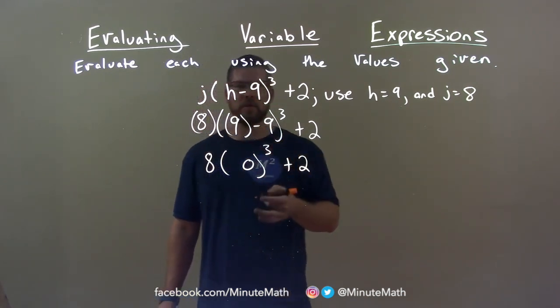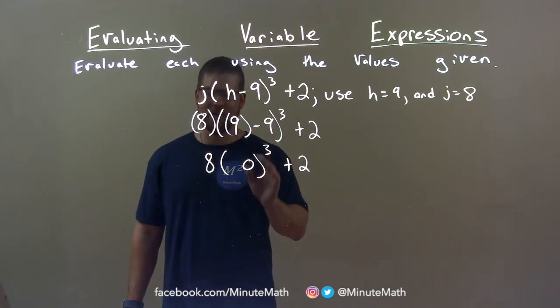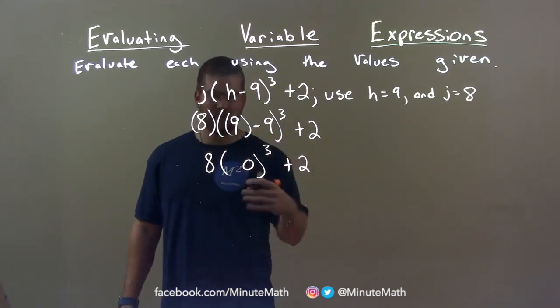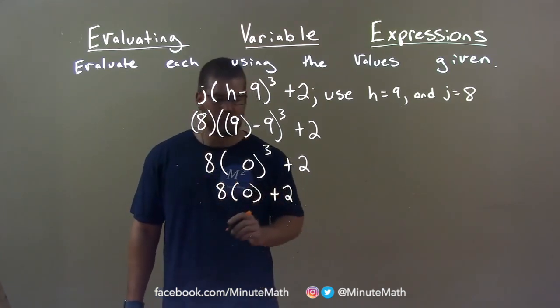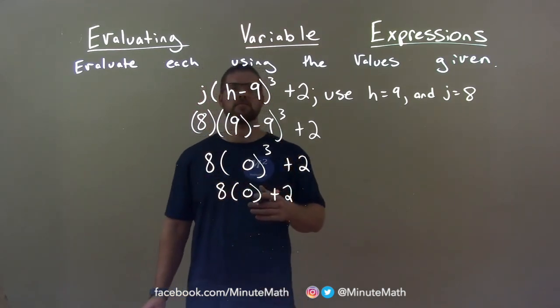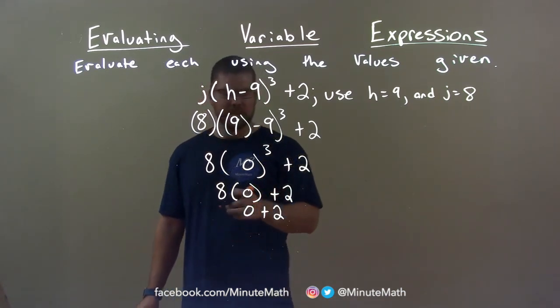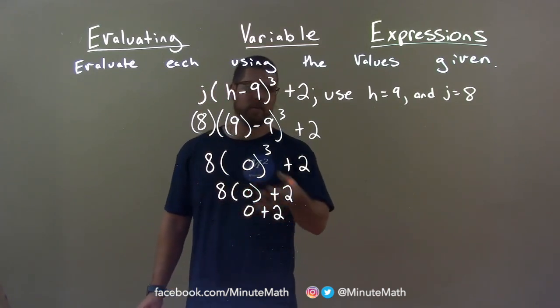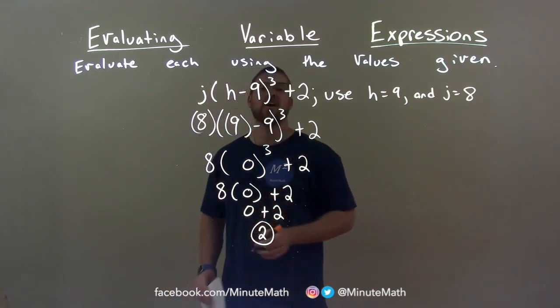Well, 0 to any power is 0. So we have 8 times 0 here plus 2. 8 times 0 is just 0. Any number times 0 is 0. So we have 0 plus 2, and 0 plus 2 is 2. So our final answer is just 2.